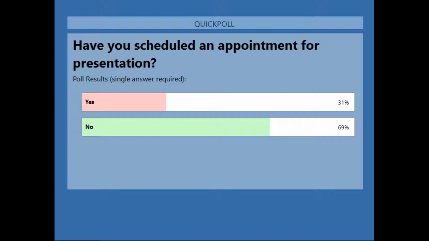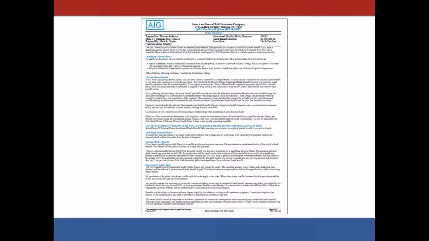So we're making some headway, and we hope to assist the 30% of you to make that sale soon, and for the other 70%, to get you to the point where your knowledge and your comfort zone is such that you can go ahead and make that appointment and make things happen yourself.